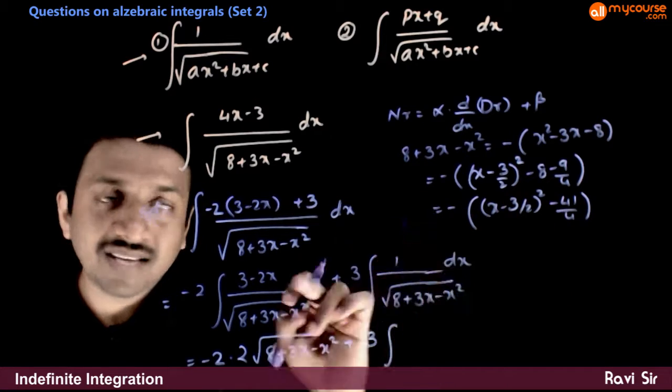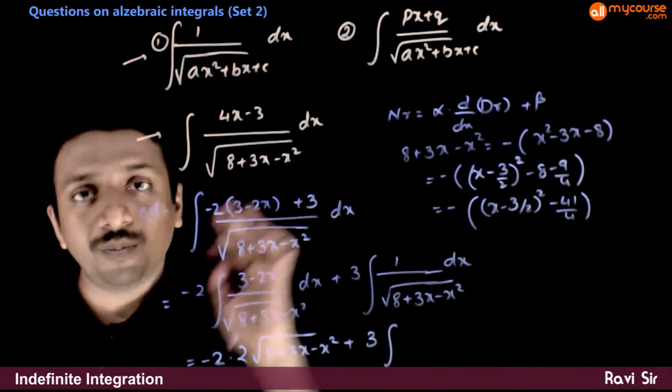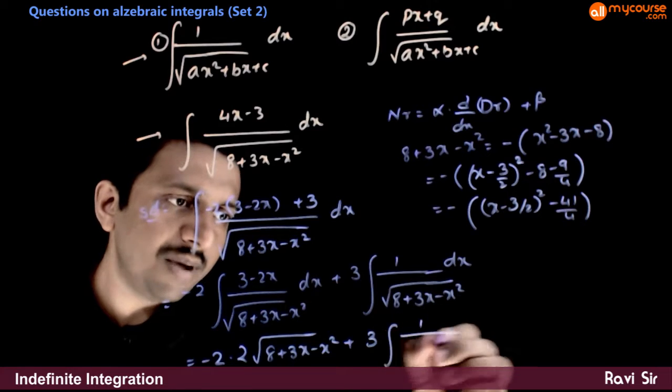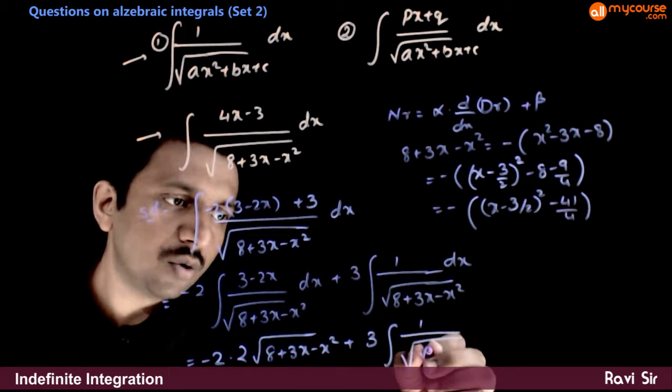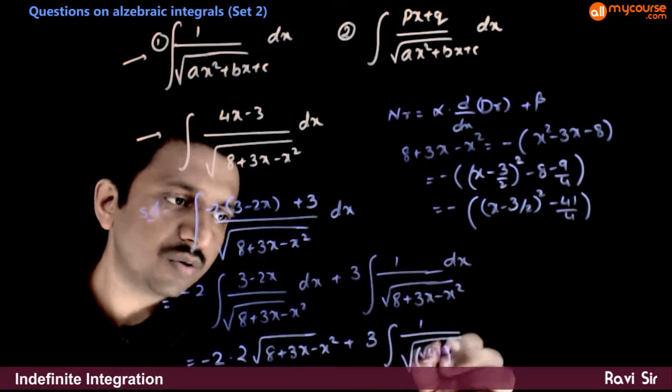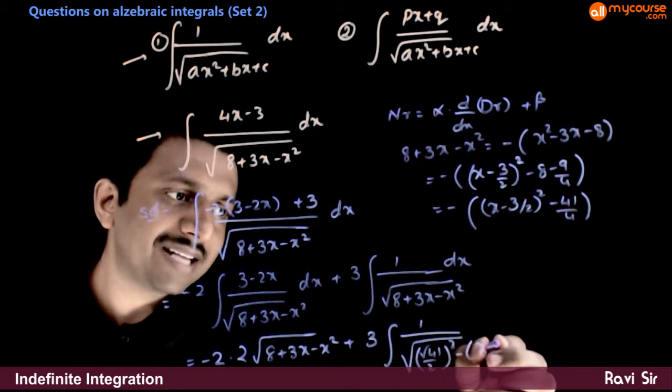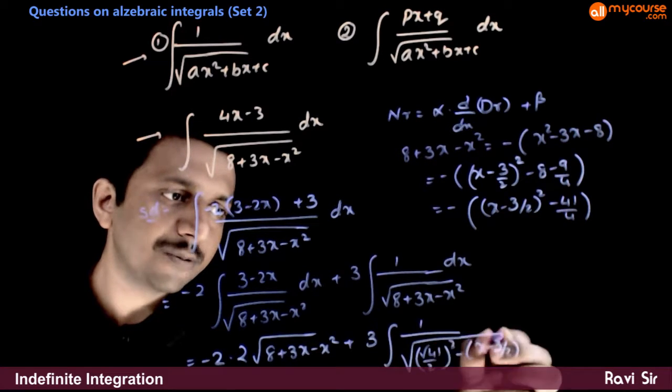If you take the minus inside, it is 41 by 4 minus this square. So 1 by root of (root 41 by 2) whole square minus (x minus 3 by 2) whole square.